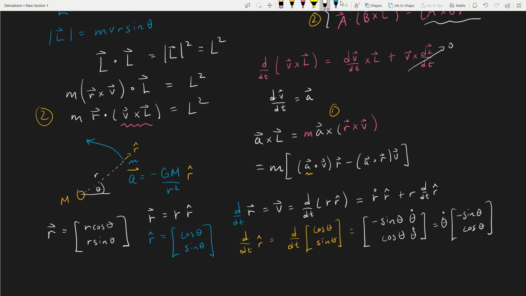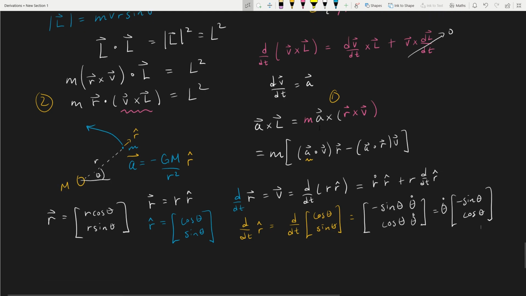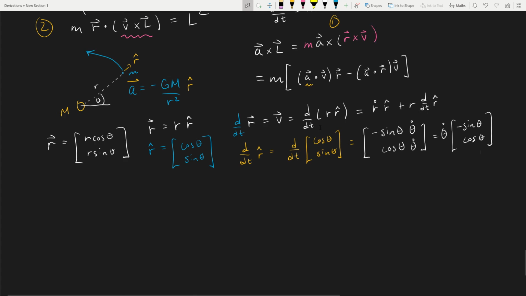All right, so we need to define one more quantity, and then I'm going to cut this video off. To get d by dt on r hat, we have to know what we mean. I told you that this was r hat there. In addition to r hat, there's another vector at a right angle, and it should be the same length.